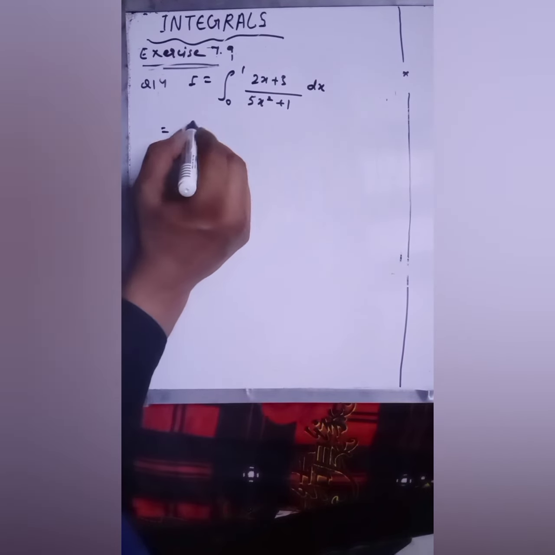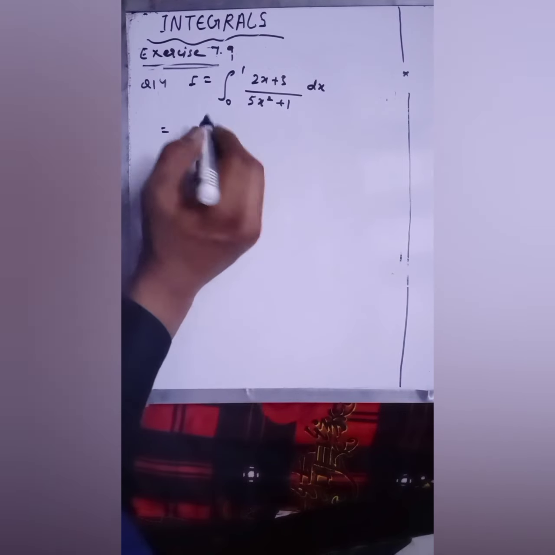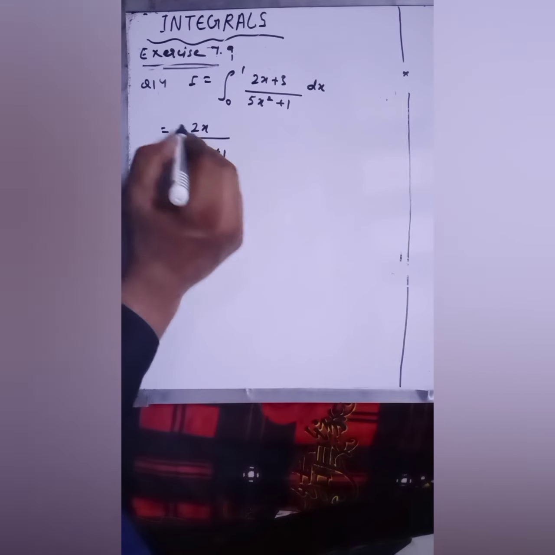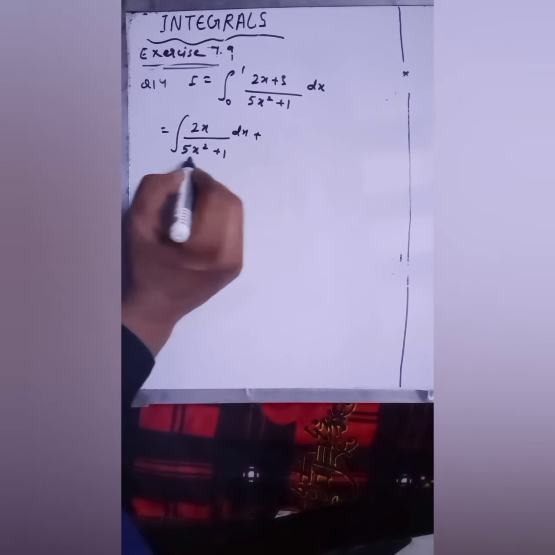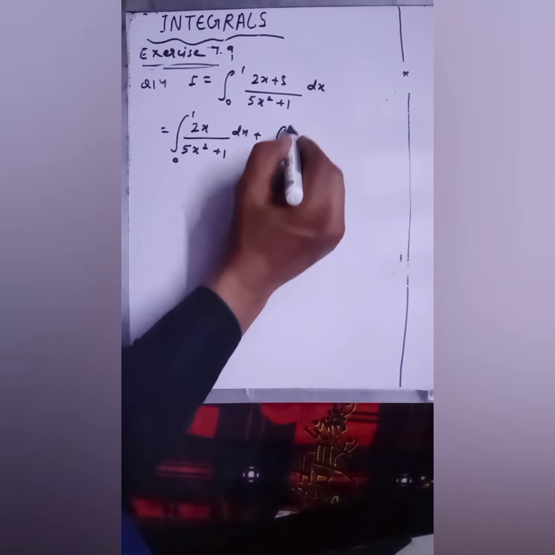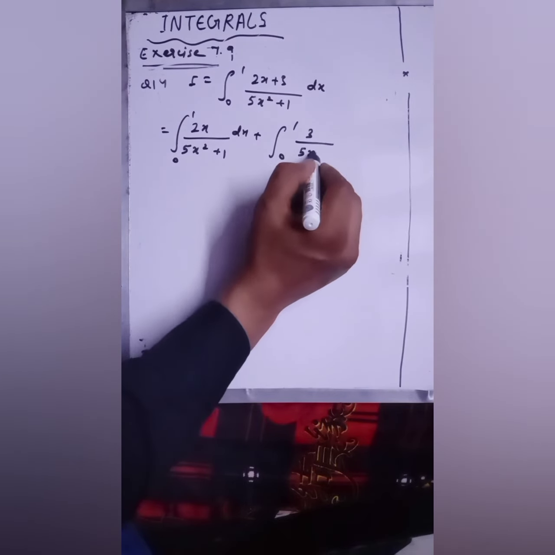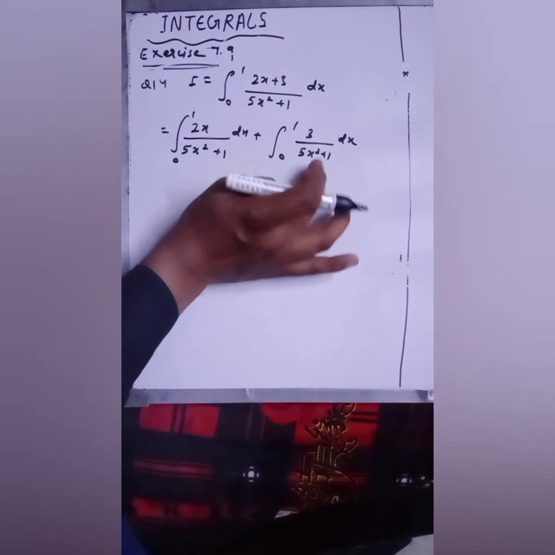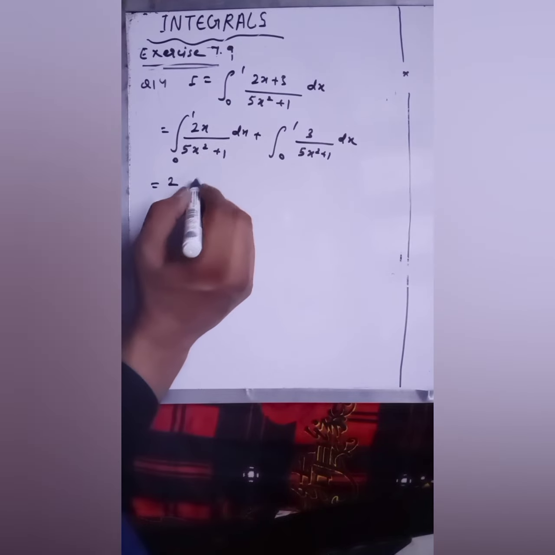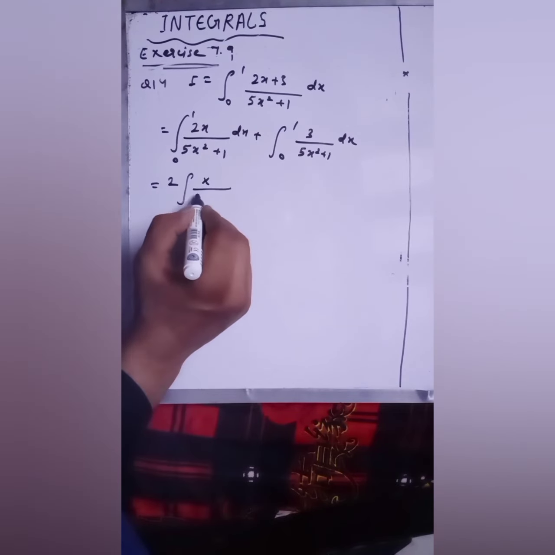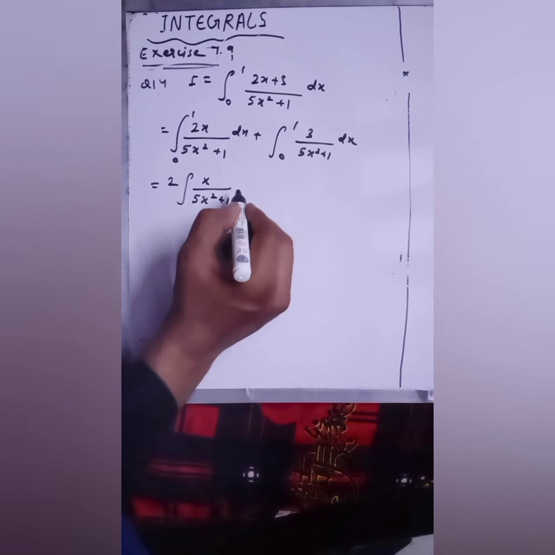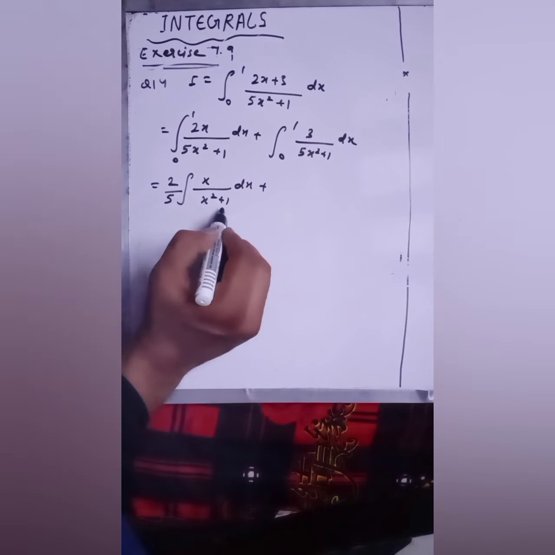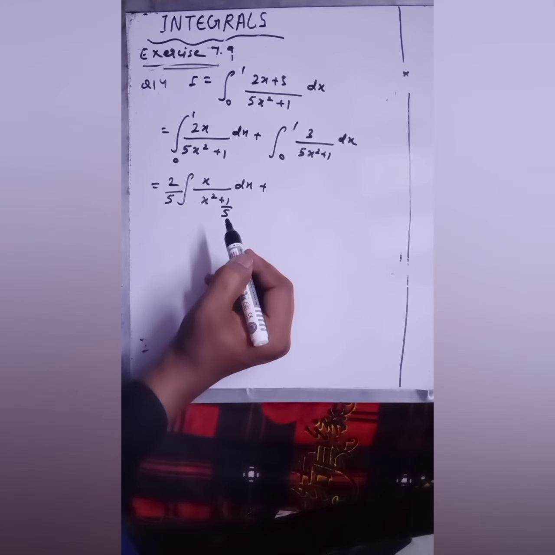Okay, so in this question what we have to do, we are separating the terms. Plus integration 0 to 1 of 3 over 5x square plus 1 into dx. Okay, this 2x over this plus this 3 over this, 2 will come outside. This is x over 5x square plus 1 into dx, and from the denominator I'm taking 5 common also, so here 1 by 5 will come.